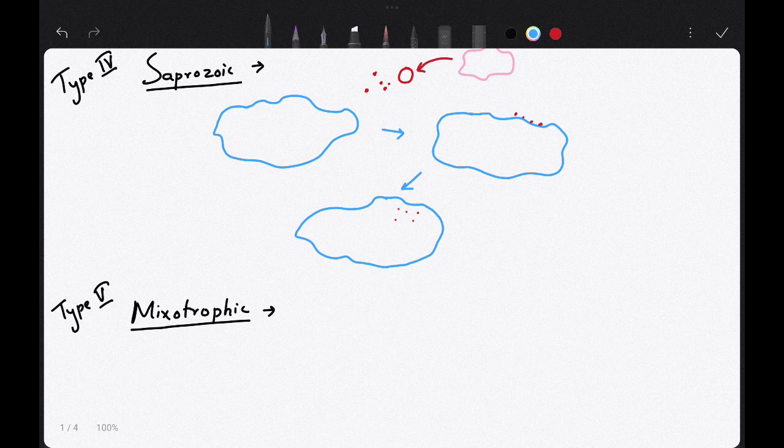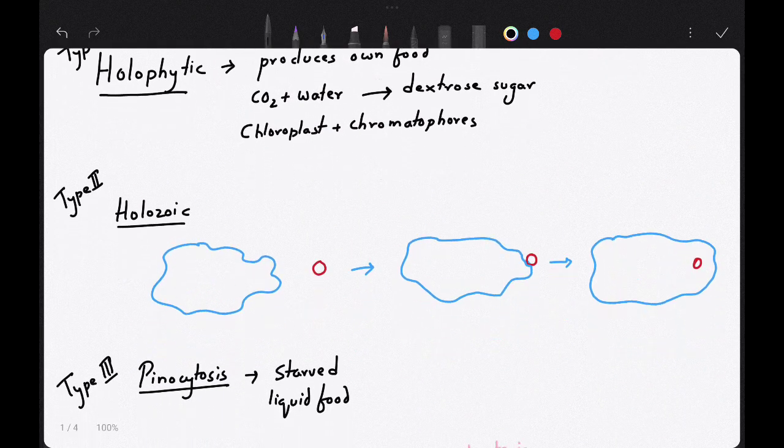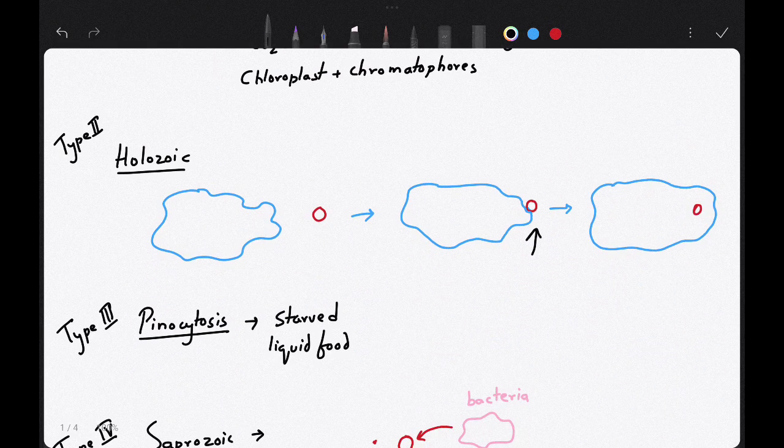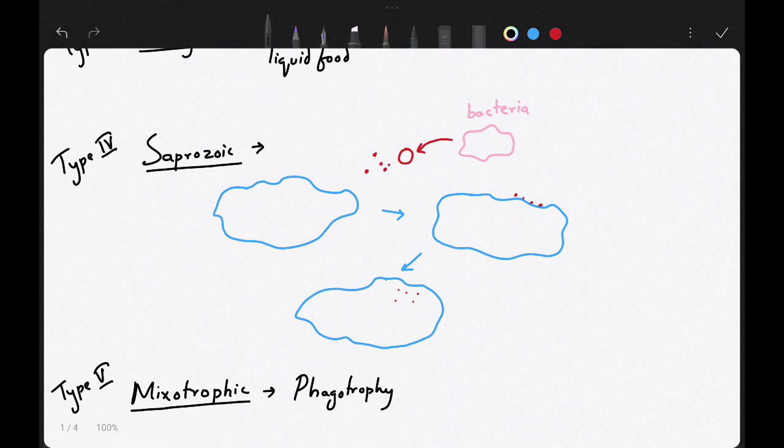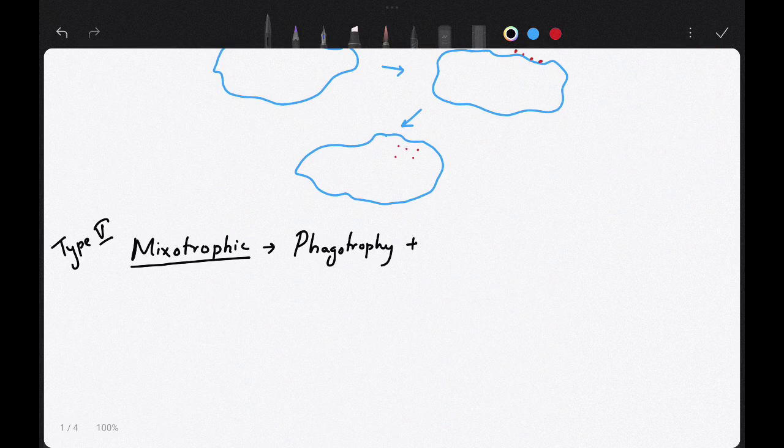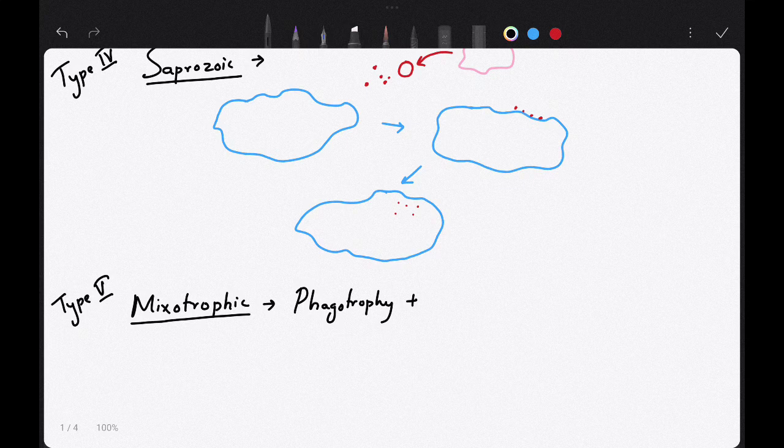They can possess both phagotrophy and osmotrophy. Phagotrophy means engulfing of the whole food, as we have seen. And osmotrophy is when the food is dissolved first outside, and through osmosis the food is taken inside.